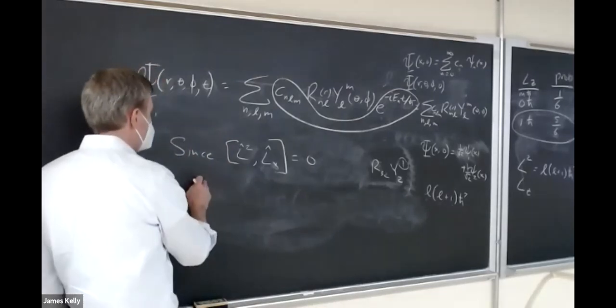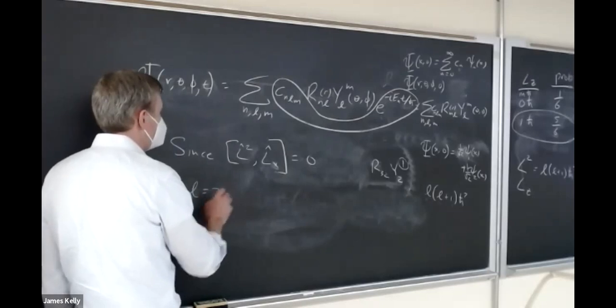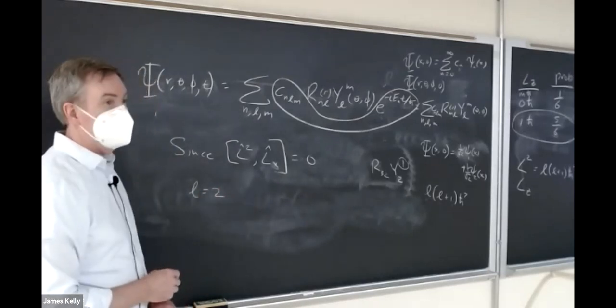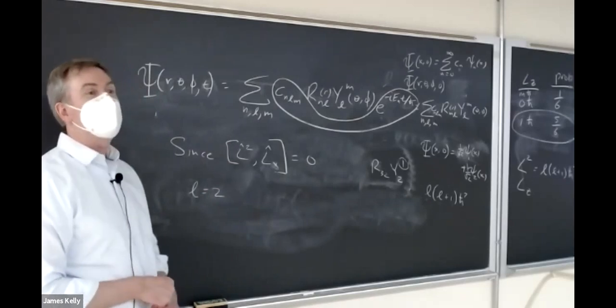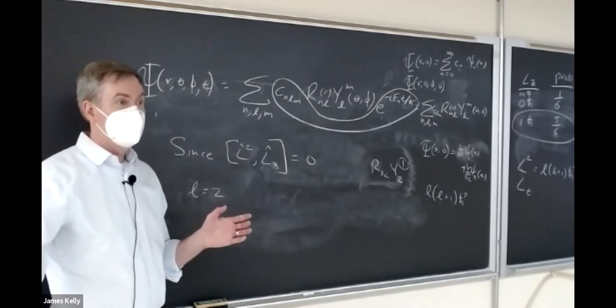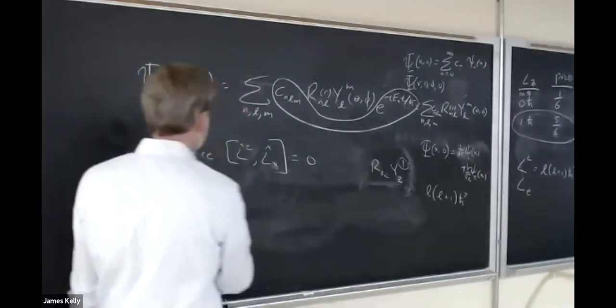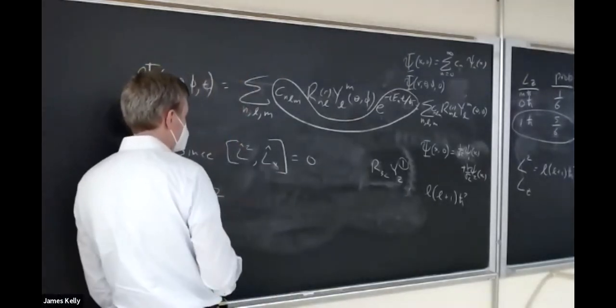So if all we know is that little l equals 2, what are the possible values for Lx? Well, it's everything from -2 up to 2. It's the same way it works for Lz, right? There's nothing special about z, could be calling it x.